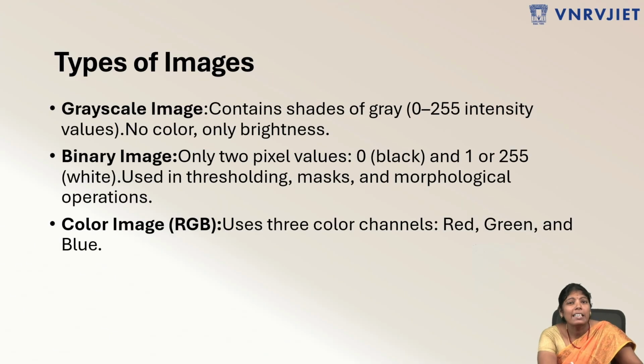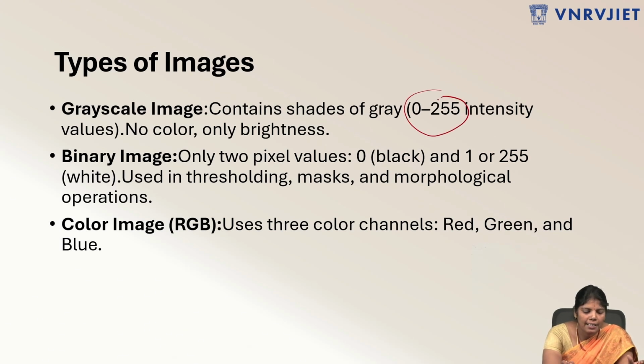What are the different types of images we have? We have grayscale images, binary images, and color images, the RGB image. What does grayscale image mean? A grayscale image has no color; only the intensity changes from 0 to 1. 0 is the black color and 1 is the white color.